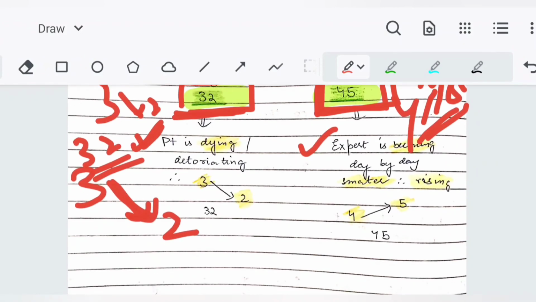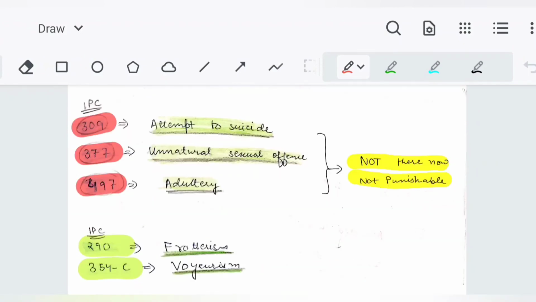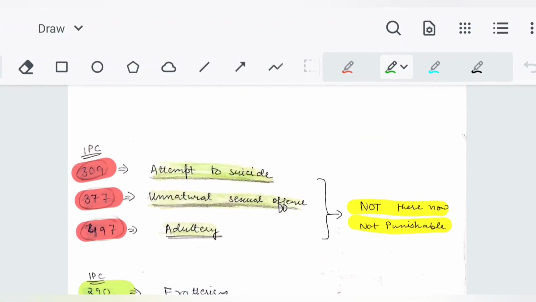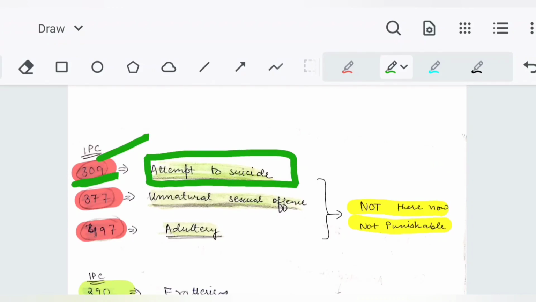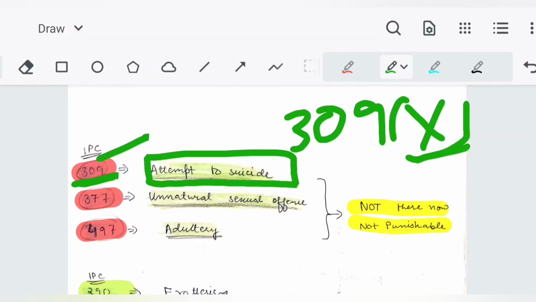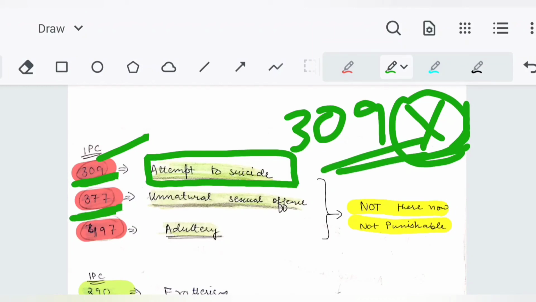Okay, now coming to some offenses which were previously punishable but are not punishable now. So IPC 309, that was attempt to suicide, but now it's not punishable, so this has been removed. Another was 377, that is unnatural sexual offenses.